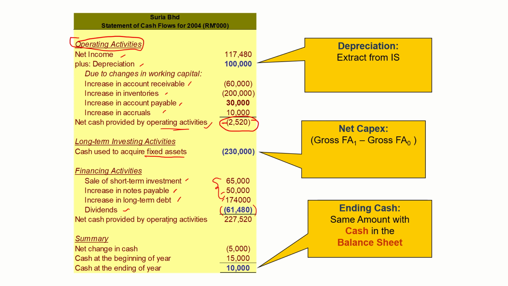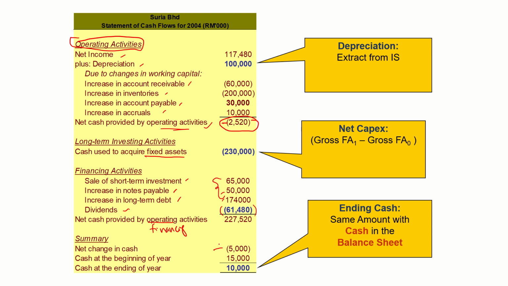Okay, net cash provided by financing activities is 227,520.